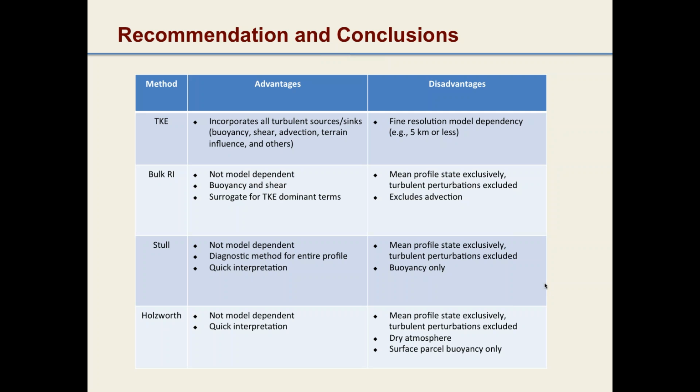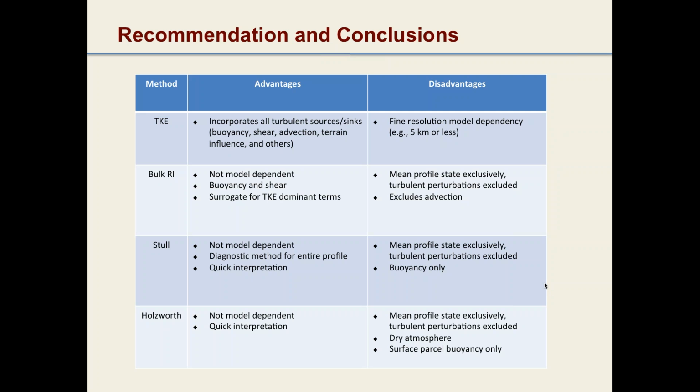It's more complicated. It requires a model. But like I said earlier in the presentation, the NAM model actually has the PBL height, which is a form of the TKE estimate of the mixed layer. And so that might be something that could be experimented with and used initially because it's simple, rather than just taking the TKE profile and computing it from scratch.